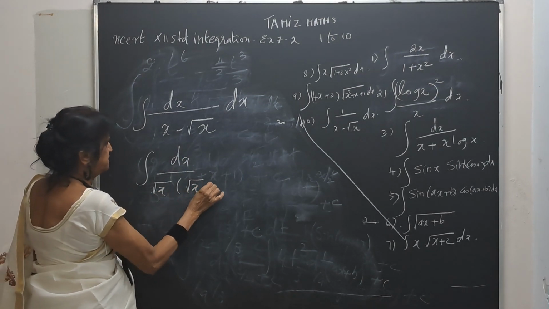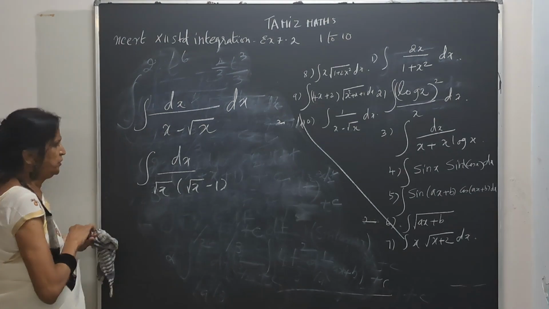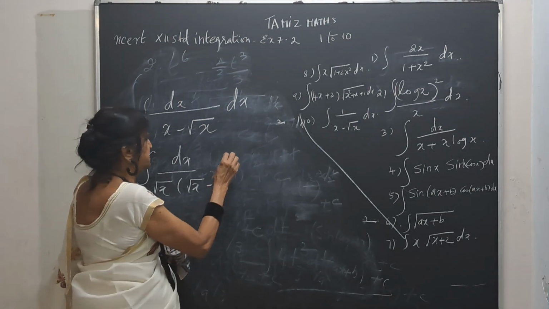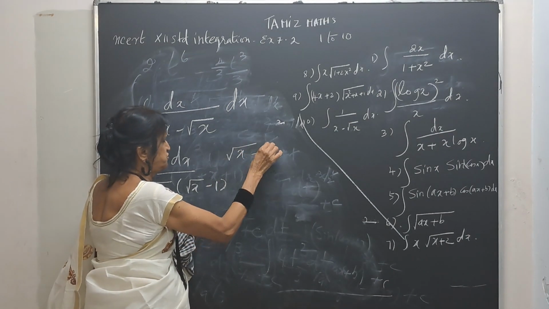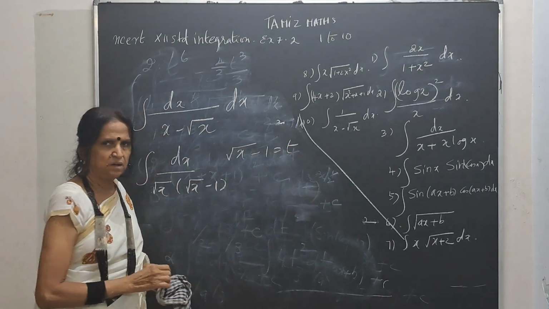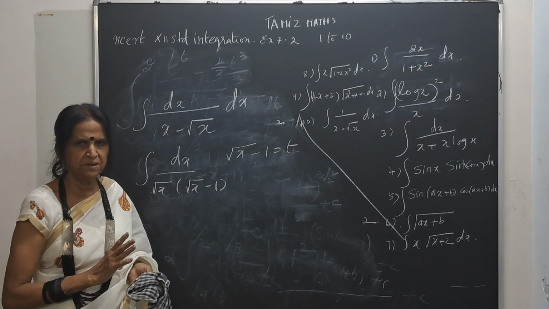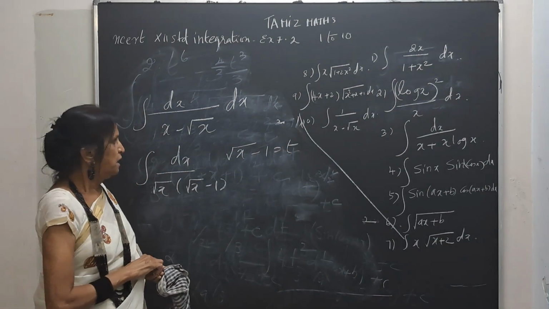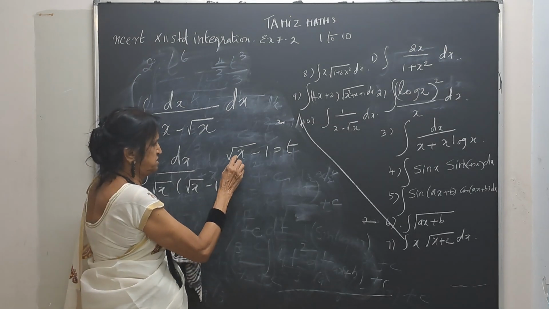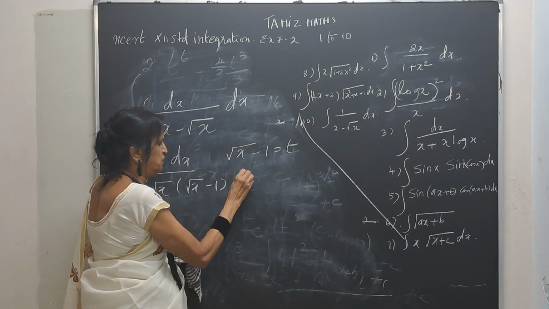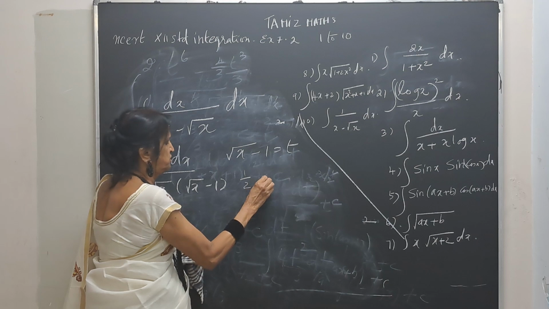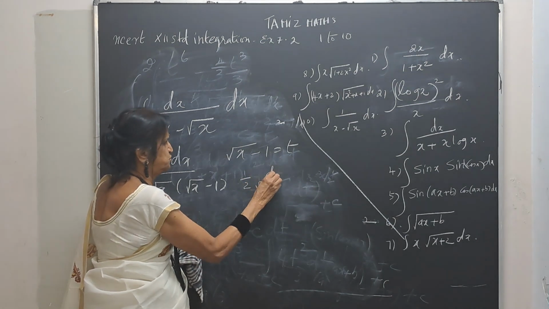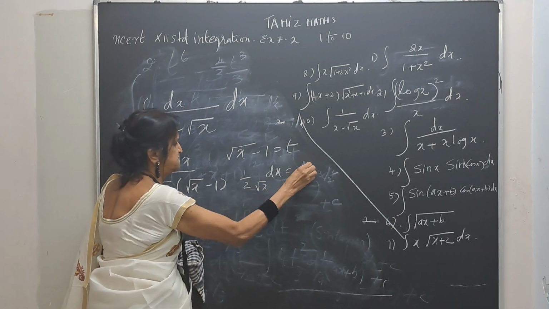Root x minus 1. Put root x minus 1 as t. Your substitution of t is important. And same substitution need not be there. So answer may change. Now differentiate this. What is this derivative? Half, no? So half. And root x will be here. Derivative of this will become 0 and it is dt.